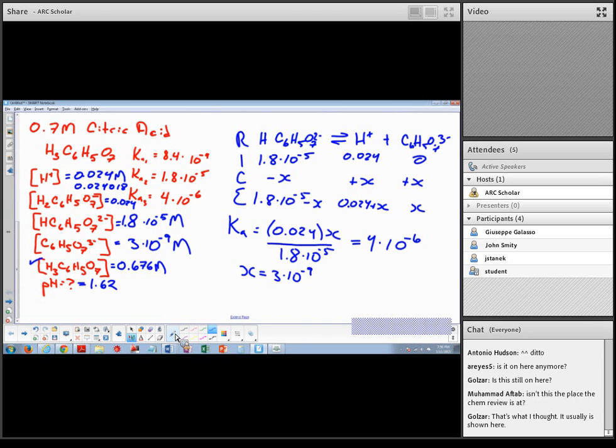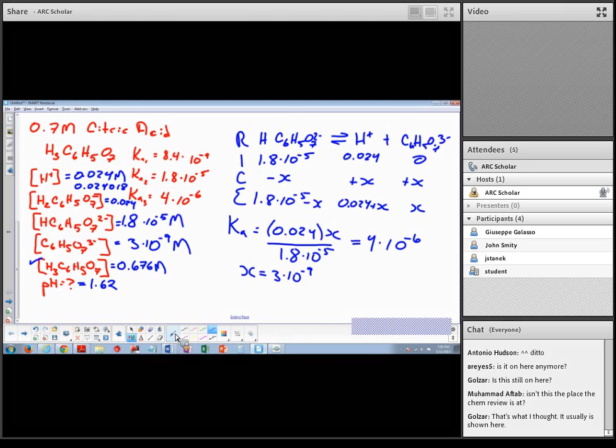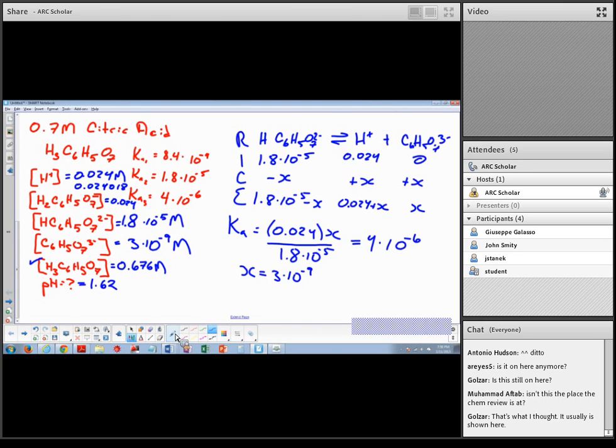Okay, but maybe if it was still times 10 to the negative 4, it might. Okay, does that help you with the polyprotic stuff? Polyprotic is not difficult. It's just time consuming, right? But now you at least have seen one. You know kind of what to expect. Okay.